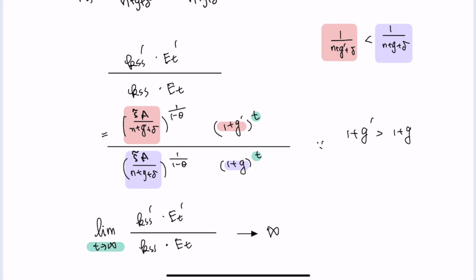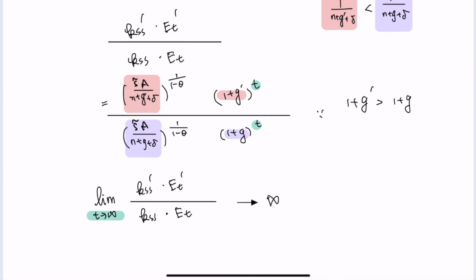In other words, even though from the perspective of per effective worker, the capital per effective worker under the higher g is smaller, and thus the output per effective worker is smaller, when we are focusing on the living standard, we look at the output per worker. Given that the capital per worker is larger under the new g, the output per worker is also larger under the new g.